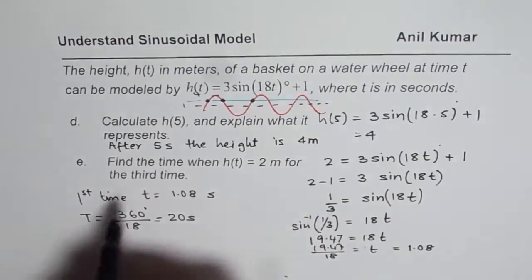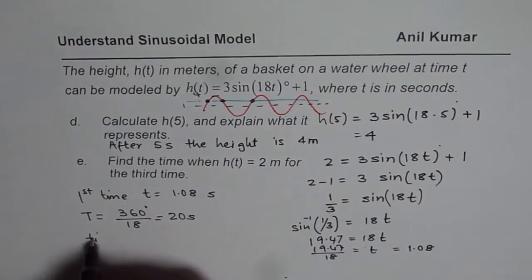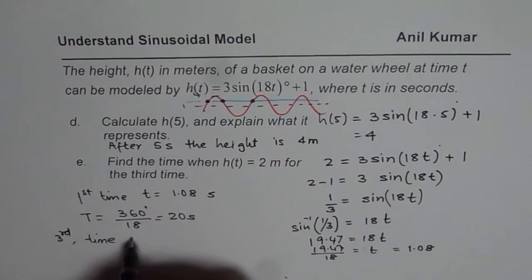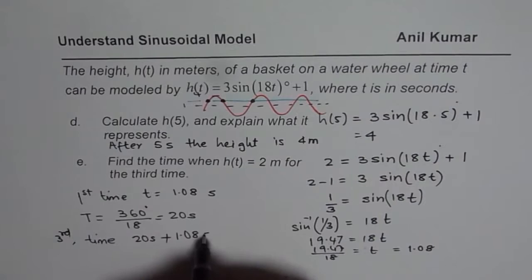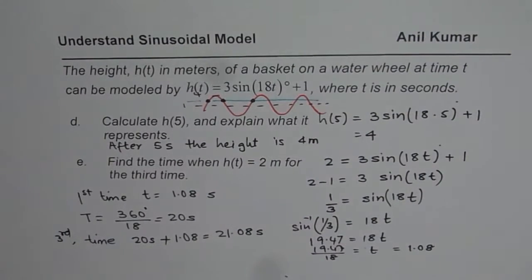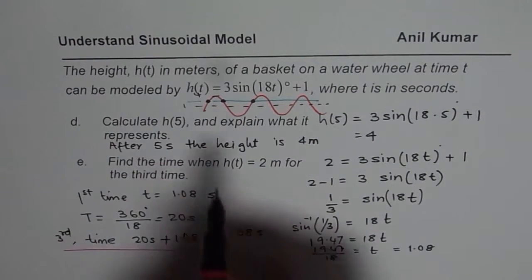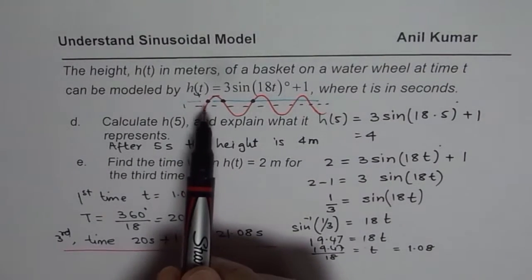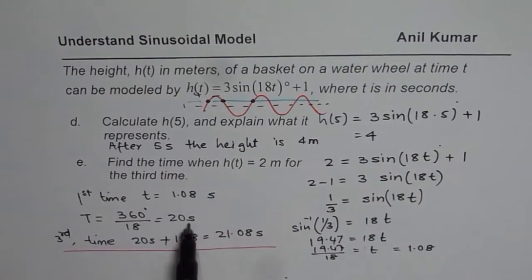So therefore, the third time it is going to reach when you add 20 seconds plus 1.08. So it is 21.08 seconds. So that is kind of very tricky. So try to sketch the situation and then understand. So that is the third time when the height of this basket is going to be 2 meters.